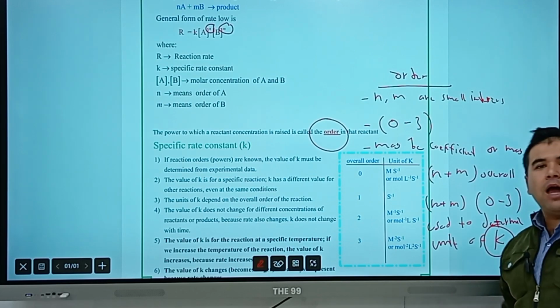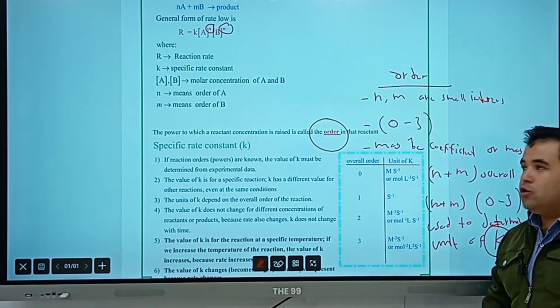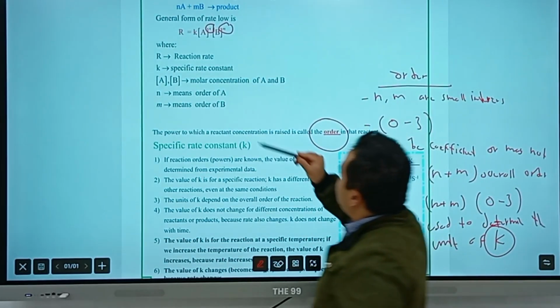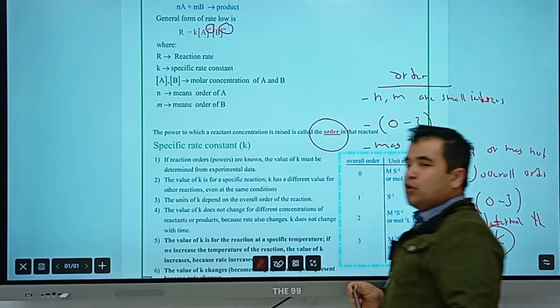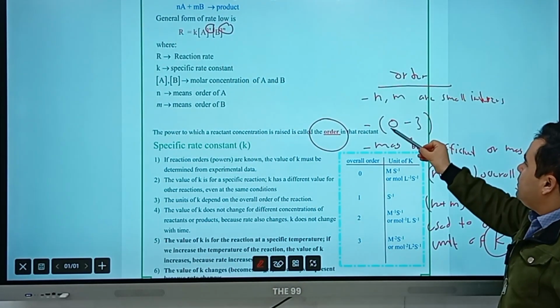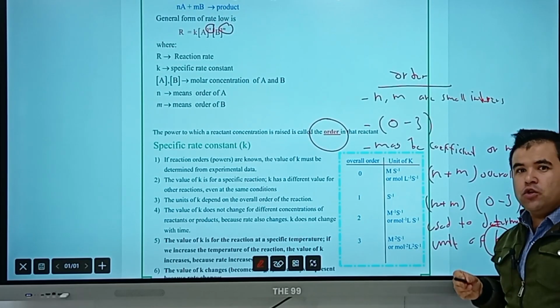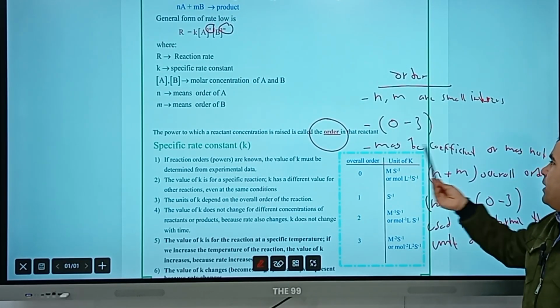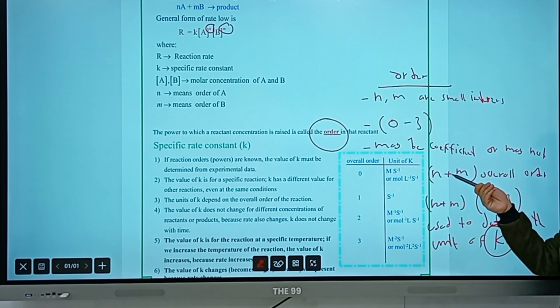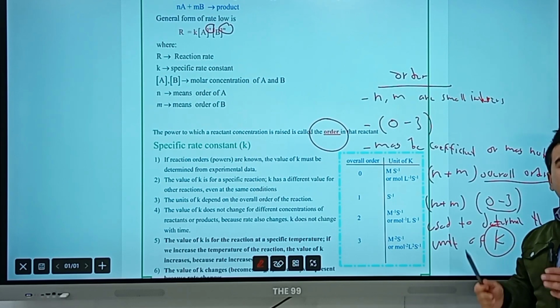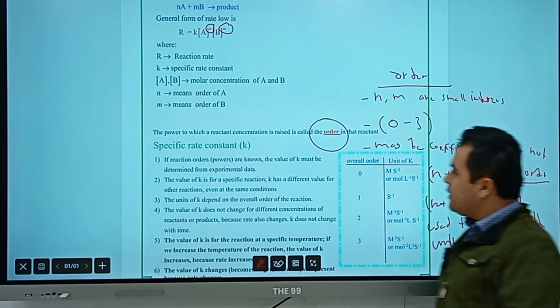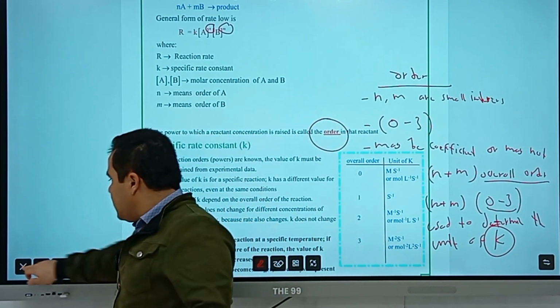So the orders of the reaction are those powers to which the concentrations of reactants are raised, and each must be between 0 and 3, and may or may not be the same as the coefficients. The summation we call the overall order, and the overall order must be between 0 and 3. The overall order is used to determine the unit of the specific rate constant.